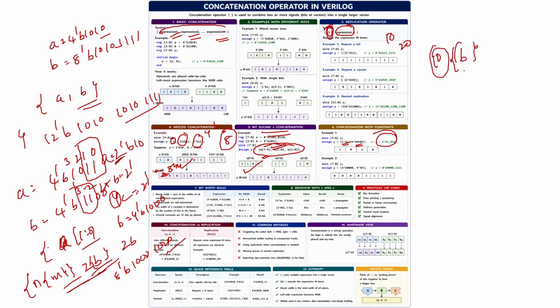So this is expression. Okay, expression means b equal to 2'b10 you are taking. That means your b value will be 2 into 10, 20'b you are getting. 20'b101010. In this way, it is repeating. Okay, sorry, 10 times, and then bits is 20 bits.